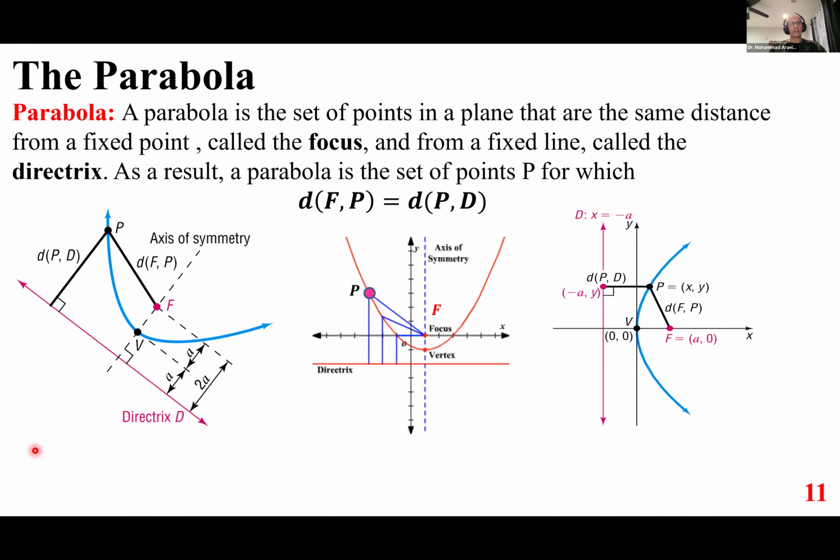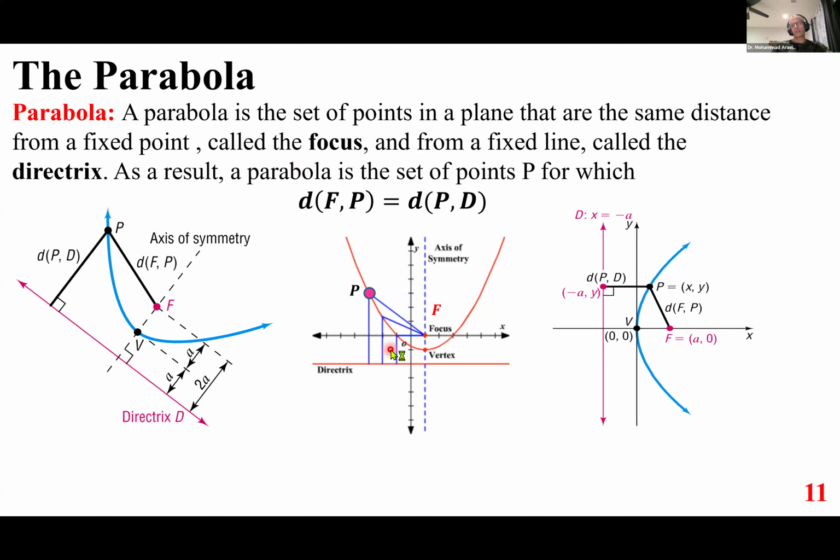So in any format that you have it, you have a directrix which is perpendicular to the axis of symmetry. You have a focus that lies on the axis of symmetry. The vertex and the focus are both on the axis of symmetry. And again, the axis of symmetry is perpendicular to the directrix.